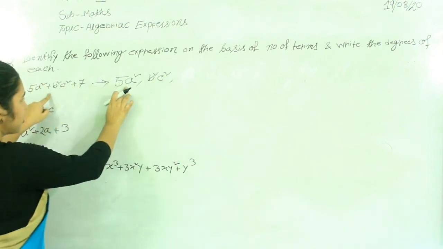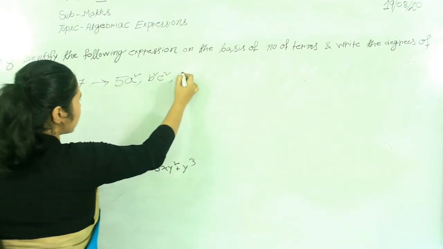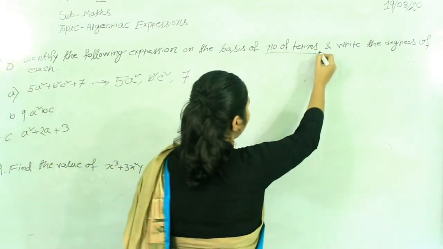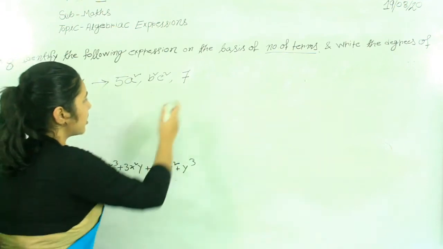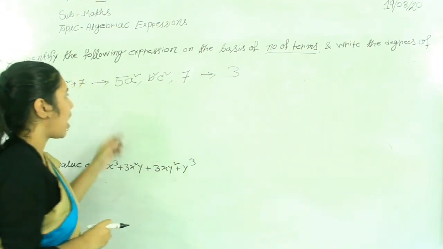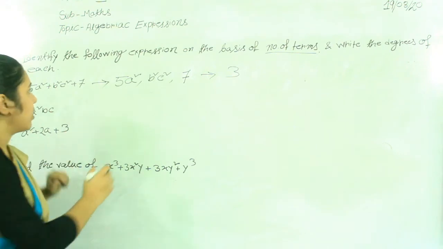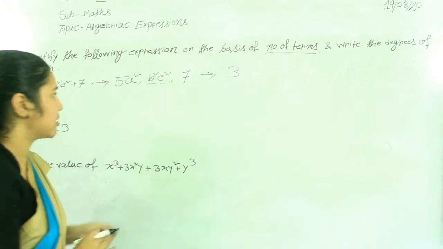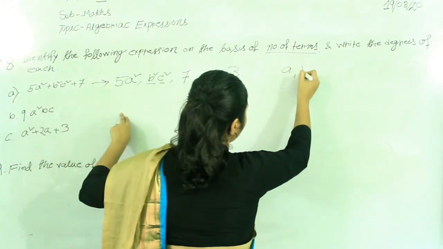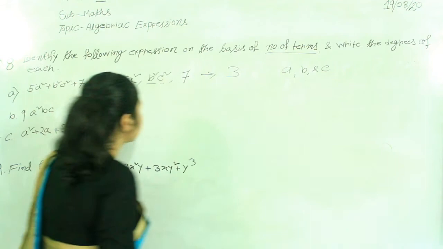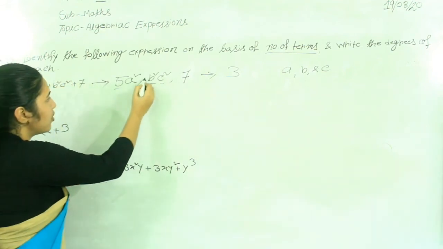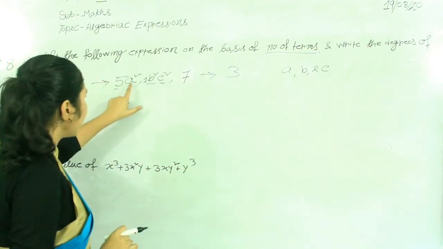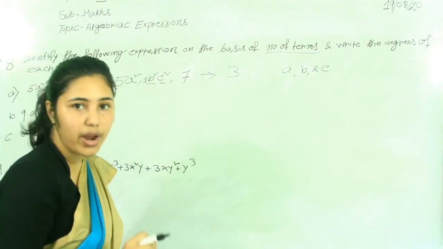First one is 5a square, second one b square c square, and third one is 7, which means the number of terms is 3. This is an expression of 3 variables a, b and c. Here 5, 1 and 7 are the constants and a, b, c are the variables.